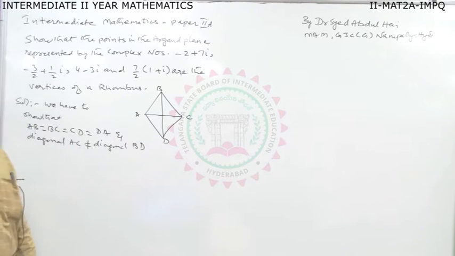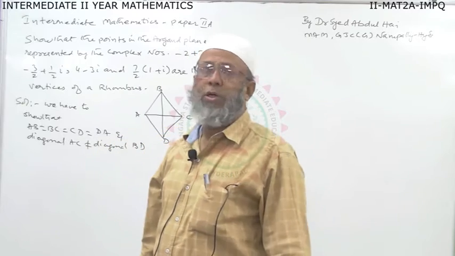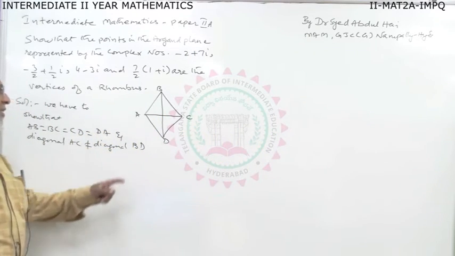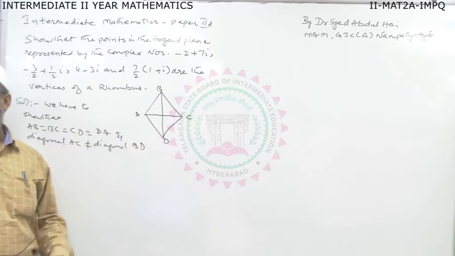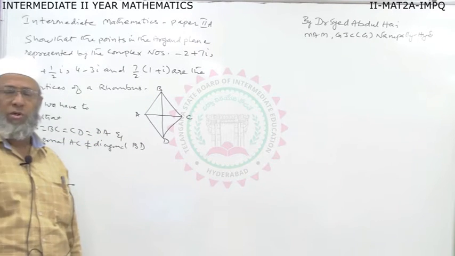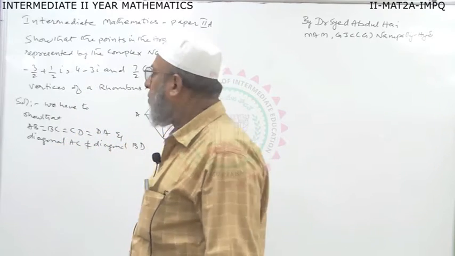So this is the part we have to show in this answer. Okay. Now, while showing this, for AB you have to use the distance formula, that is root of x2 minus x1 whole square plus y2 minus y1 whole square.